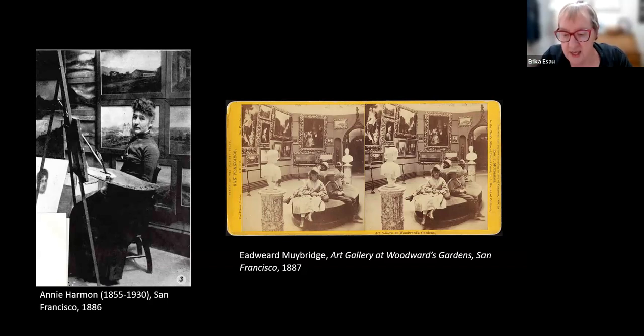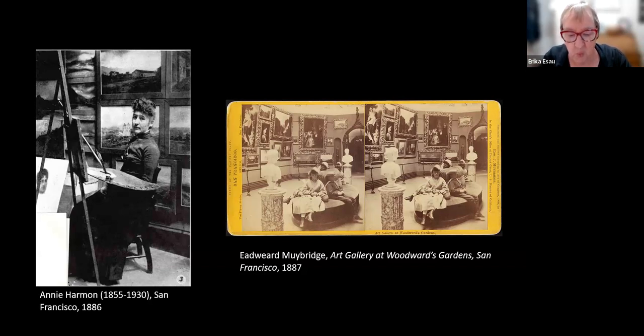And she managed also to get an exhibition of her works at St. Mary's College, which is in Moraga, which has the major collection of William Keith's work. So we had a kind of conference there about Annie Harmon and two other of the women artists.